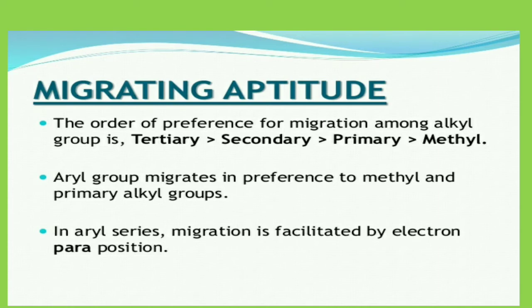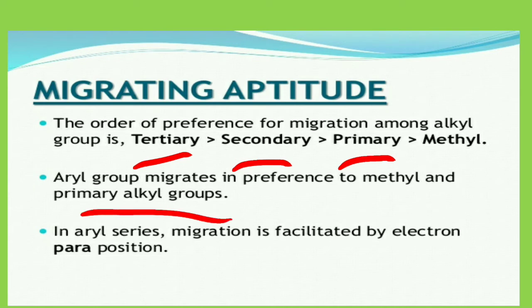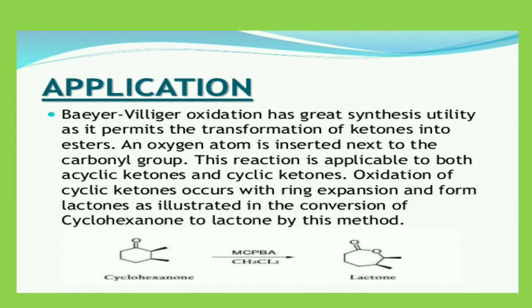If a number of electron donating groups are present, the preference will be first tertiary, then secondary carbon, then primary carbon, and last the methyl. The aryl group migrates in preference to a methyl and a primary alkyl group. In the aryl series, the migration is facilitated by an electron donating group at the para position.